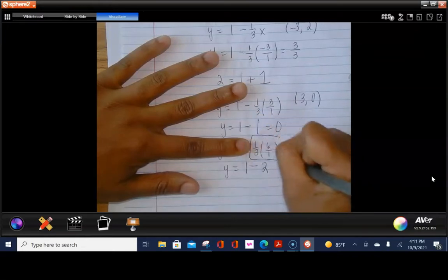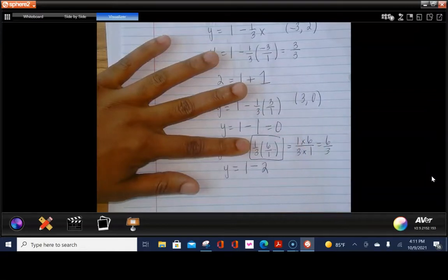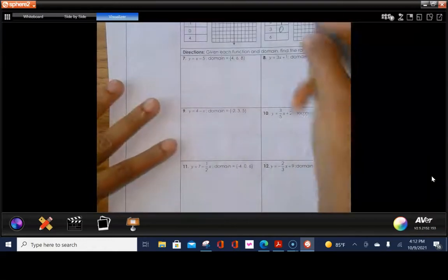So again, what was I doing here? I was doing 1 times 6 over 3 times 1, which was 6 over 3, and that's where I got 2 from, everybody. Okay? So 1 minus 2 is negative 1. All right, always take your time. So this is going to give me a negative 1.